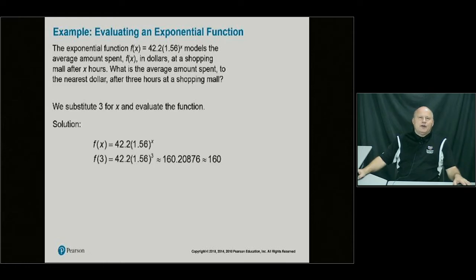So 42.2 times 1.56 to the third power, because we're putting 3 in for the x, and it turns out to be 160.20 followed by some other decimals like 676. And so it's approximately $160. So after 3 hours at the shopping mall, the average amount spent will be $160.